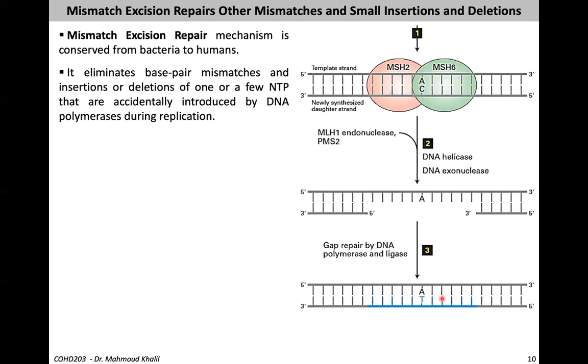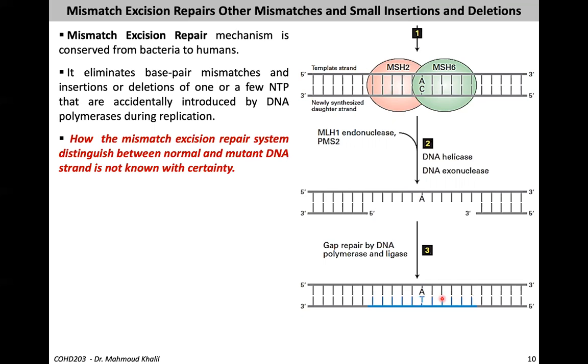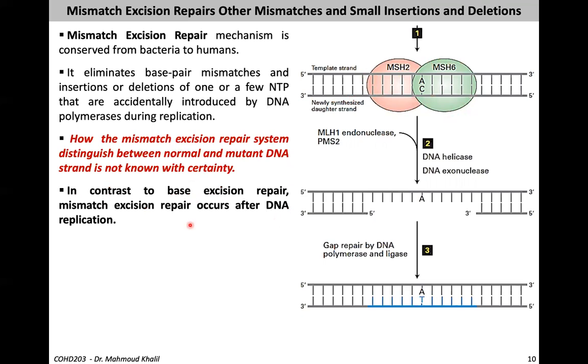In this mismatch excision repair, it is still unknown how these two proteins initially sit on the DNA, and how they differentiate between the template strand and the newly synthesized strand. The mechanism is not known yet. In contrast to the base excision repair we have just described, the mismatch excision repair occurs after DNA replication.